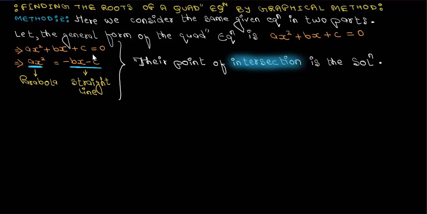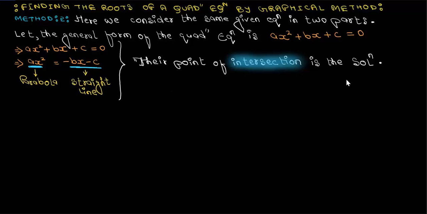By transposition, ax square is equal to minus bx minus c. Transfer bx to the right hand side and you will get minus bx, and minus c to the right hand side. The left side is a quadratic function, so this will represent a parabola, and the right side is a linear equation in one variable, so this will represent a straight line.